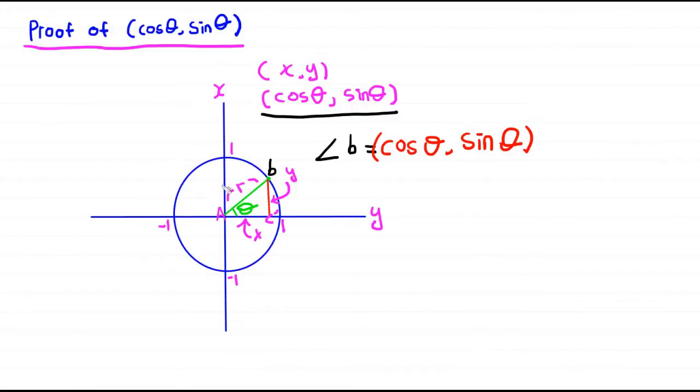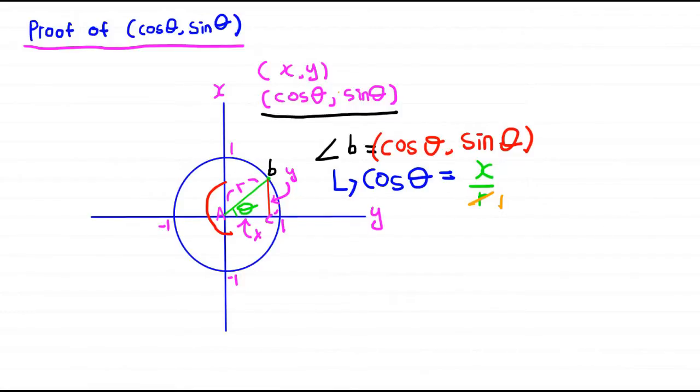And as I told you, if there is a right triangle, according to this angle A, we draw C, which is the initial value of cosine, like this. So the value of cosine theta will be equal to X over R. But R will cancel out with the 1 because the radius is just going to be 1.